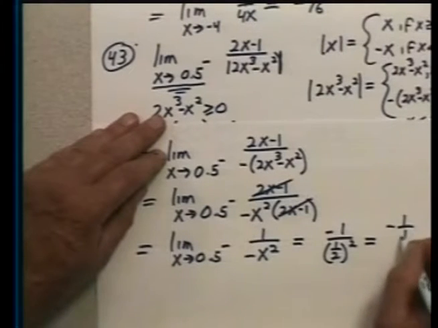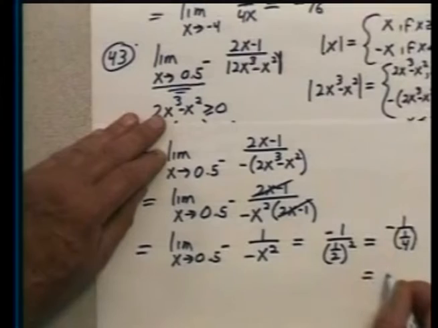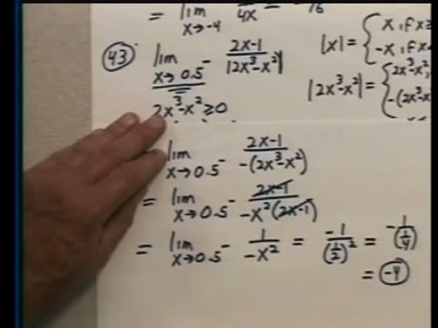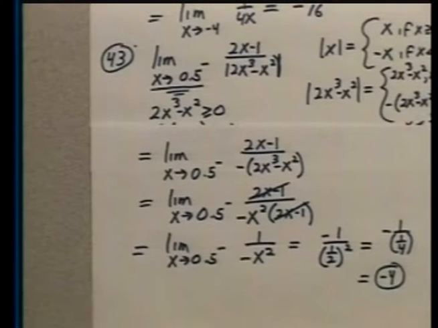Negative 1 over 1/4, which is -4. So I think the answer to 43 is -4. Are you okay with that? How to handle absolute value? Yeah.